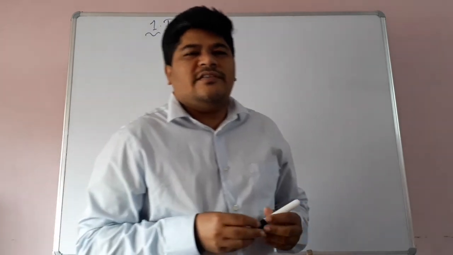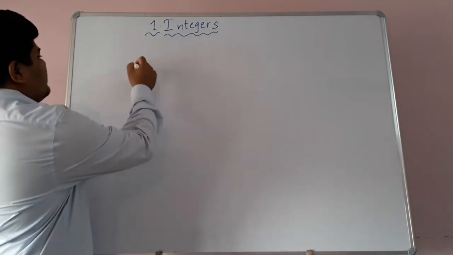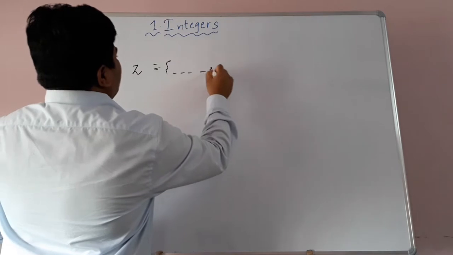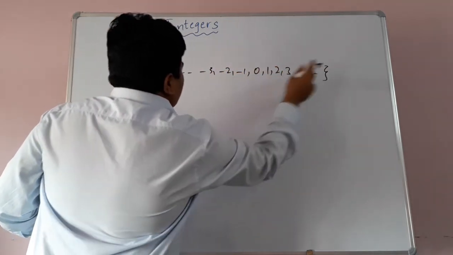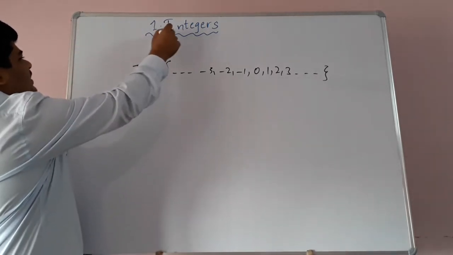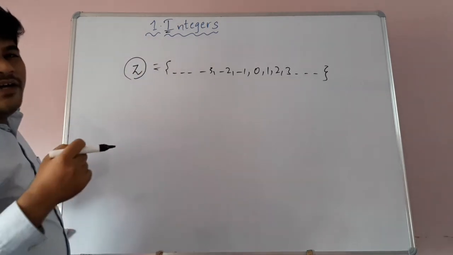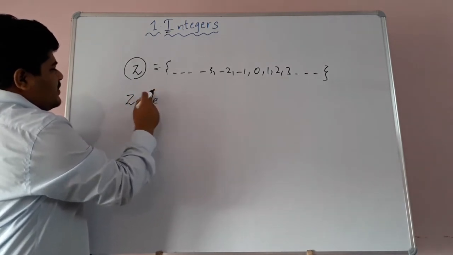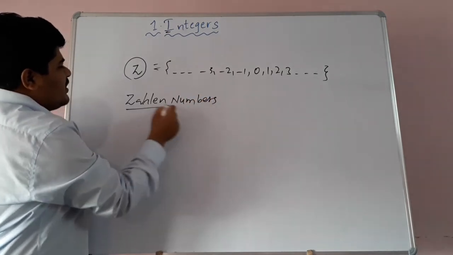Integers are denoted with the letter Z. So, ..., -3, -2, -1, 0, 1, 2, 3, and so on. These numbers are said to be integers. Integers start with the letter I, but we use the letter Z to represent integers. Why? Because the other name of the integer set is Zahlen numbers. Zahlen means to count.